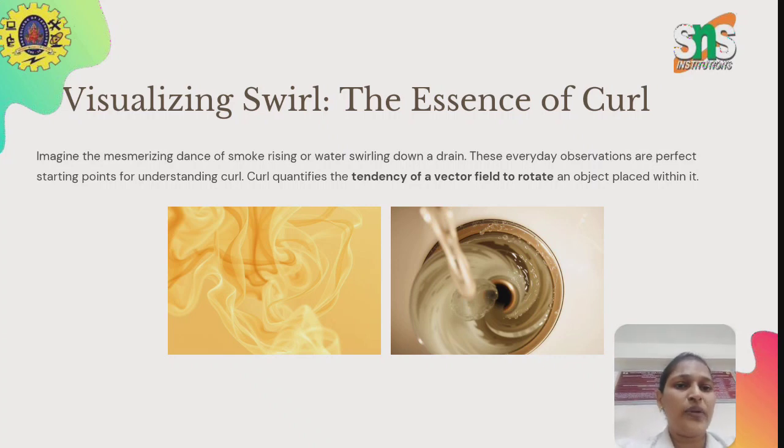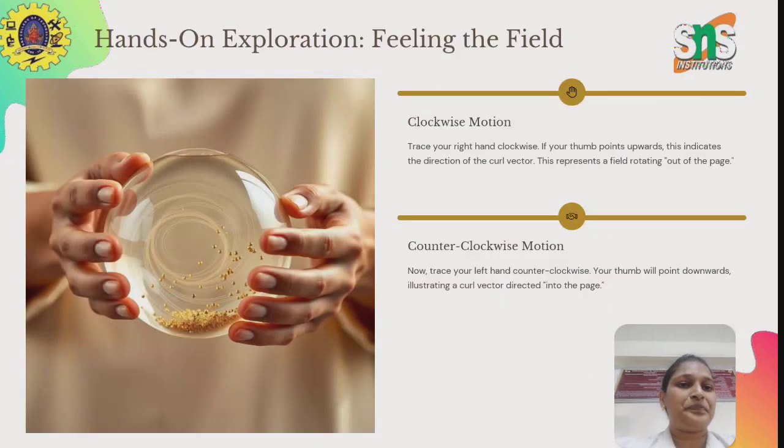These everyday observations are a perfect starting point for understanding curl. The curl quantifies the tendency of a vector field to rotate. So for any vector field, the direction in which it swirls can be given using the concept of curl.